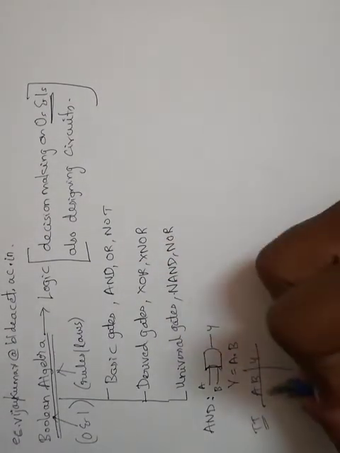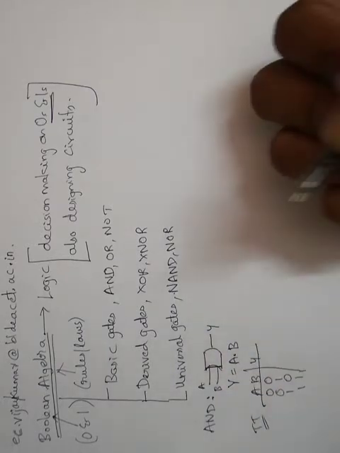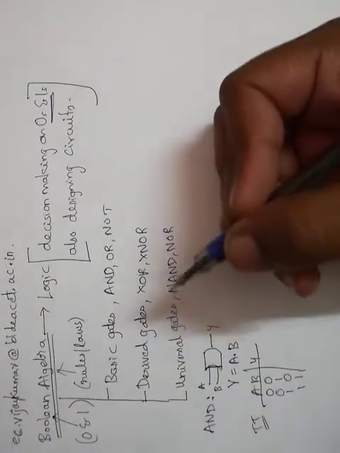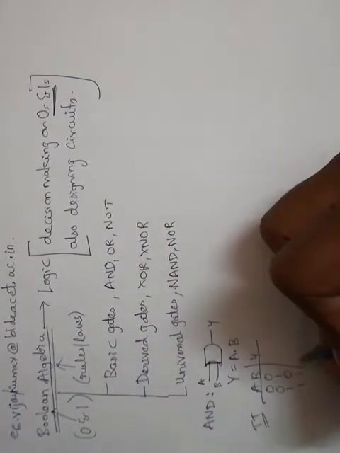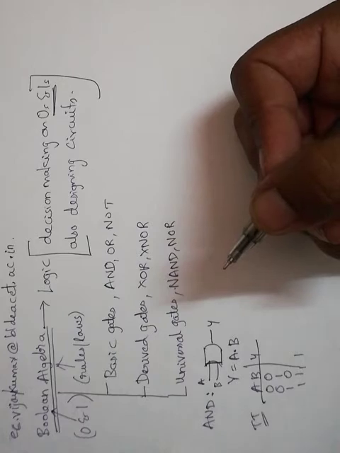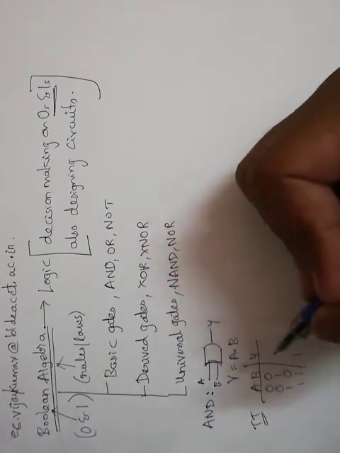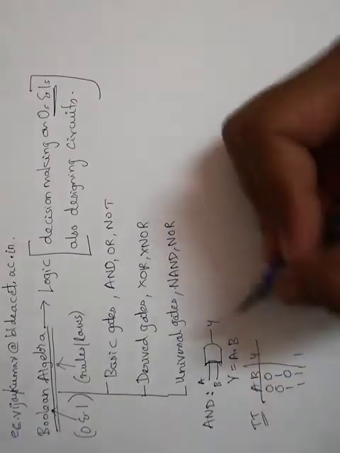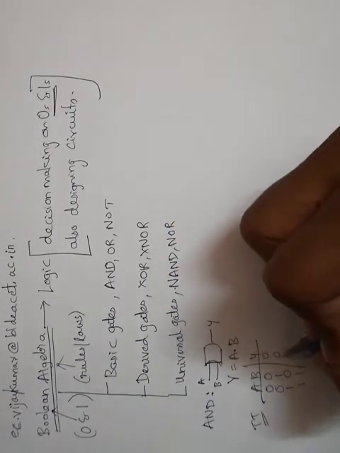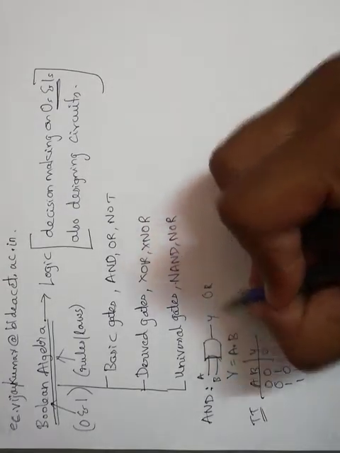Because we have two inputs, four different combinations are possible: 0 0, 0 1, 1 0, 1 1. The AND gate tells y is 1 only when both the inputs are 1. The logic of the AND gate is, if both the inputs are 1, output is 1, or else 0.